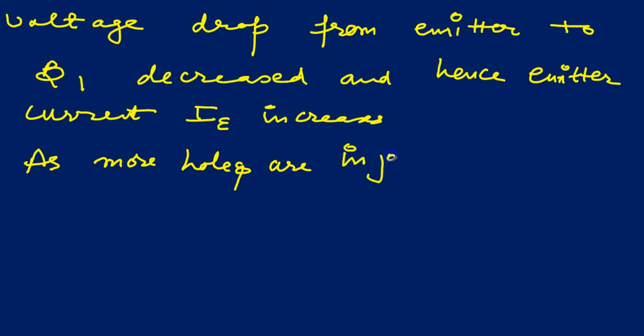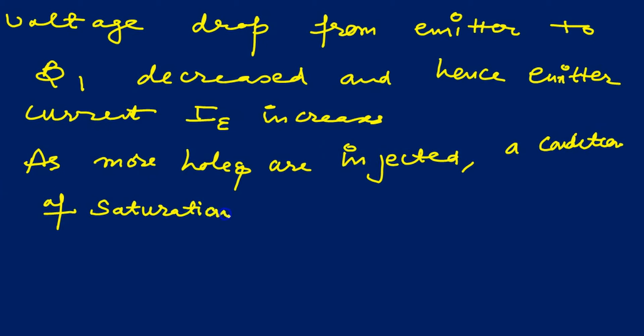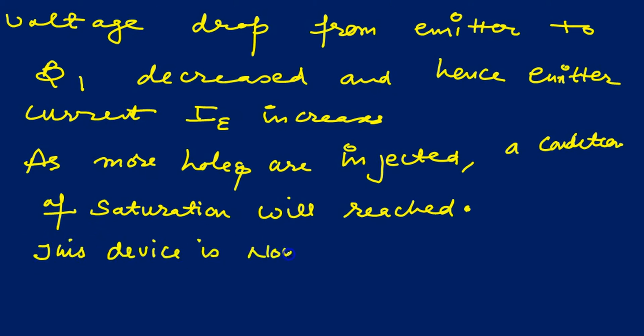Because more and more holes are injected, as the diode is now forward biased, the condition of saturation will be reached, and current will come to a limit because of the power supply.